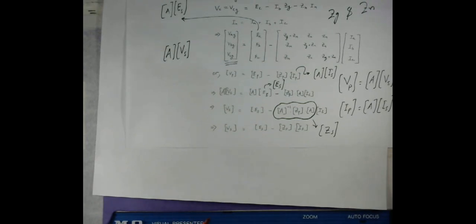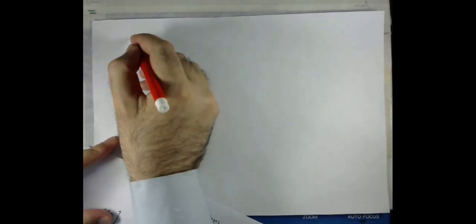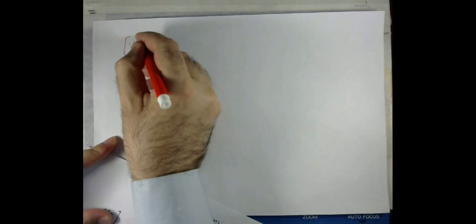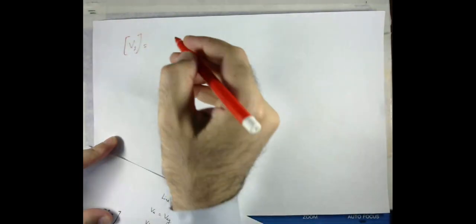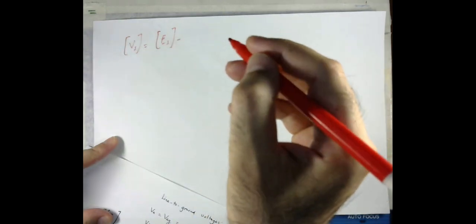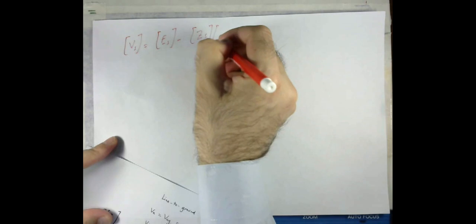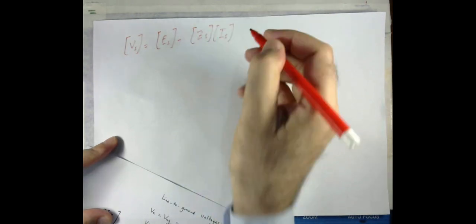So now, as we have determined this sequence impedance network, I will write this case once again as Vs equals Es minus Zs Is.